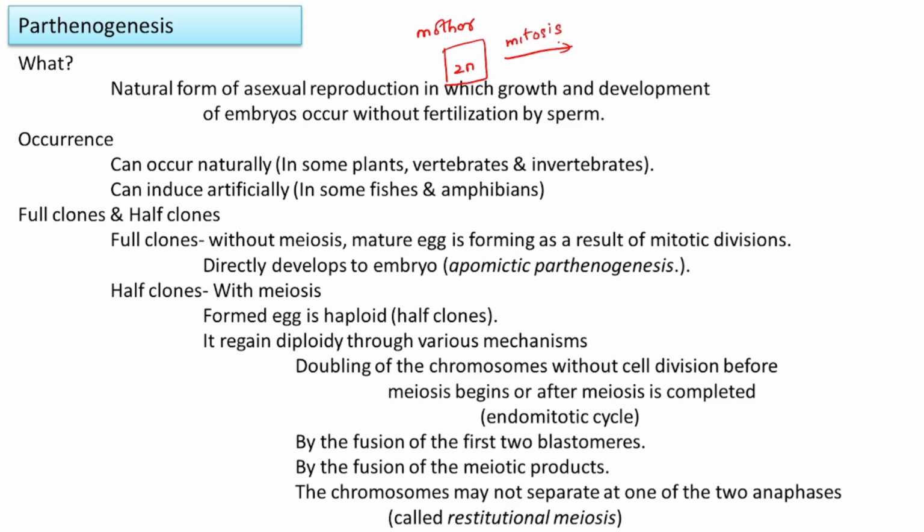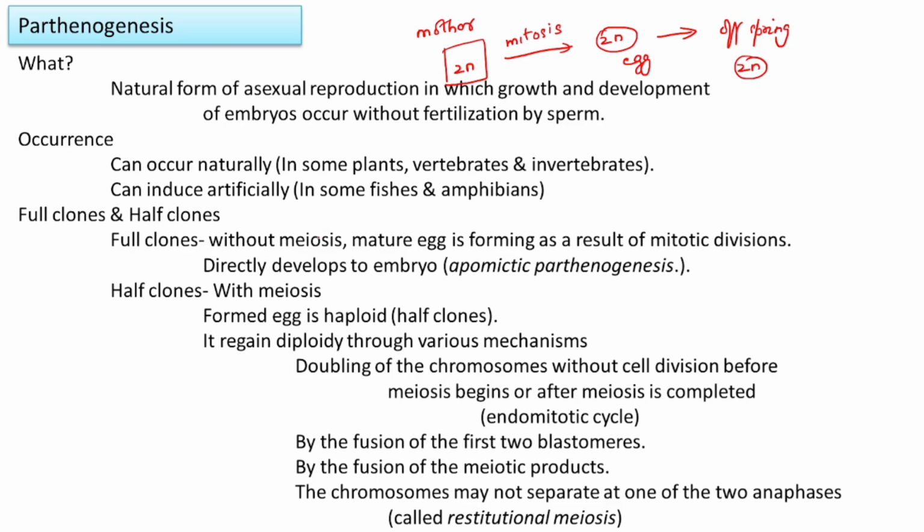It undergoes mitosis and forms a diploid egg, and this diploid egg later forms the embryo and develops into an offspring that is also diploid. And here this offspring receives the complete set of chromosomes from the mother's germ cell itself. So they are full clones of the mother. They are photocopies of their mother.